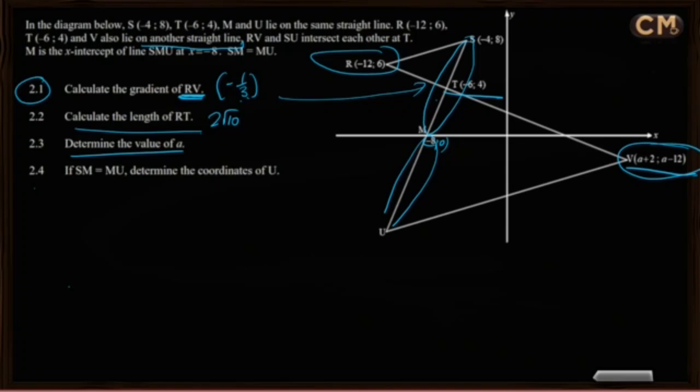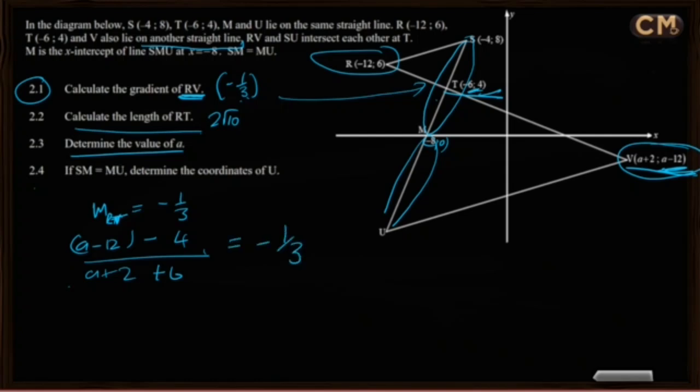So what we are going to say is that the gradient of RV is equal to, well, the difference in y values, which is A minus 12, taken from there, minus 4, which is T's y coordinate, over A plus 2 plus 6, because it's minus 6, of course, and that, of course, is all equal to -1/3 as previously discussed.